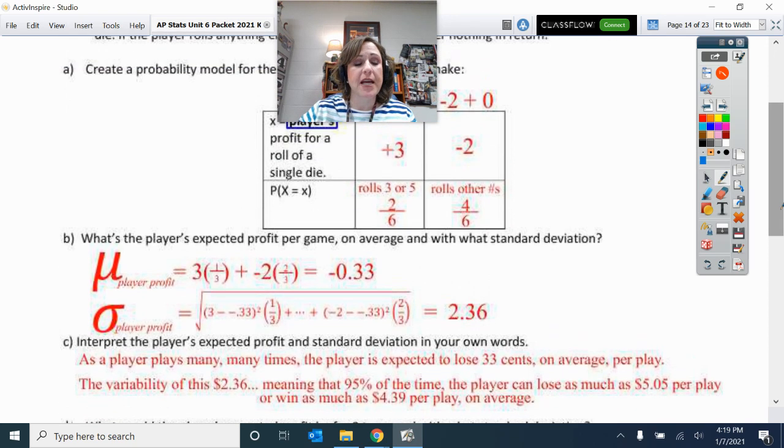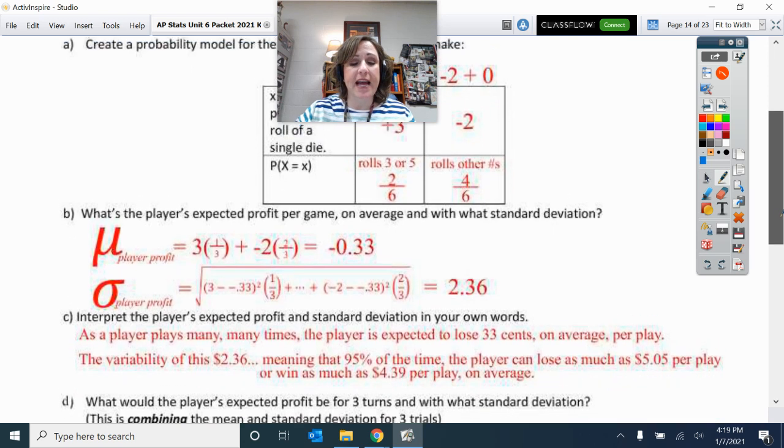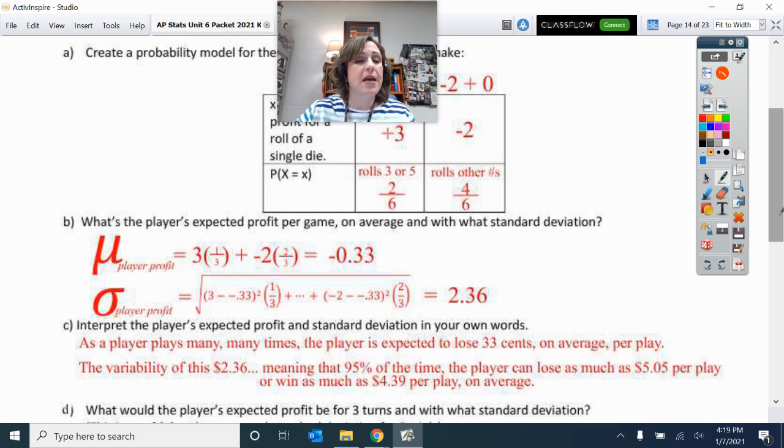All right, so interpret. If you play many times, you're going to lose, on average, 33 cents per play. Now, as far as the variability goes, you could say 68% of the time you're going to be within this much and this much, or you might say 95% of the time, because that's not outliers.